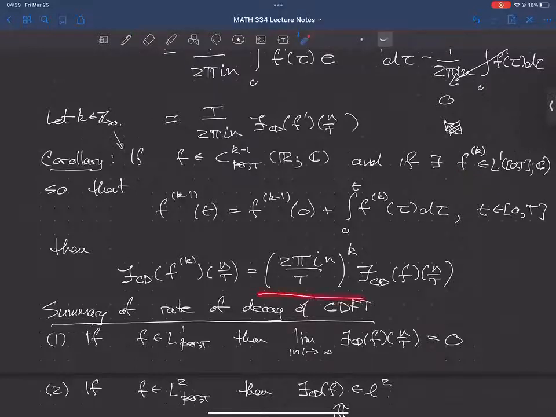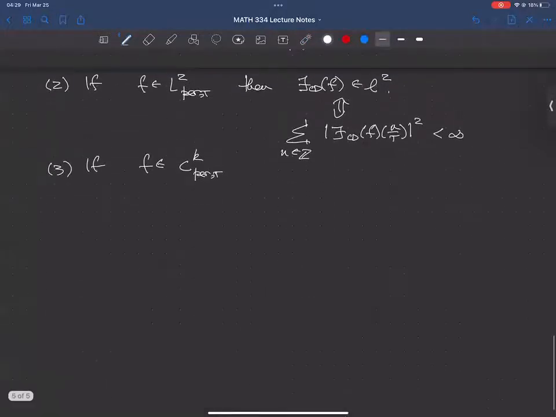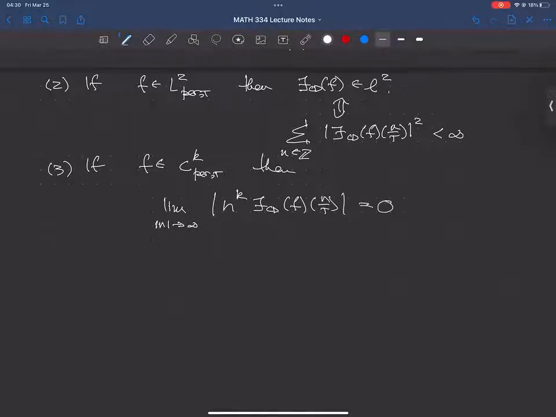Then I know that I have a decay rate condition here. Then what I know is that the limit as n goes to infinity of n to the k times the CDFT of f at n over t must equal 0. So this tells me that the CDFT has to go to 0 faster than 1 over n to the k, right?